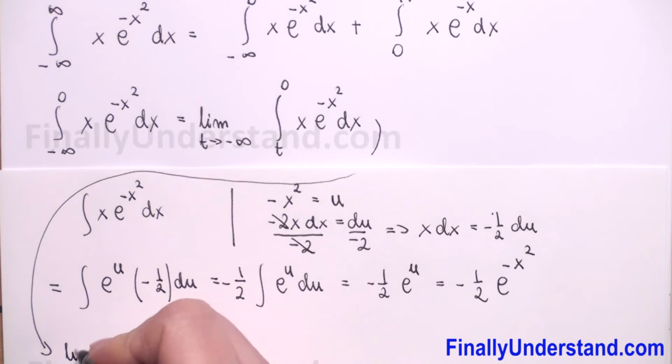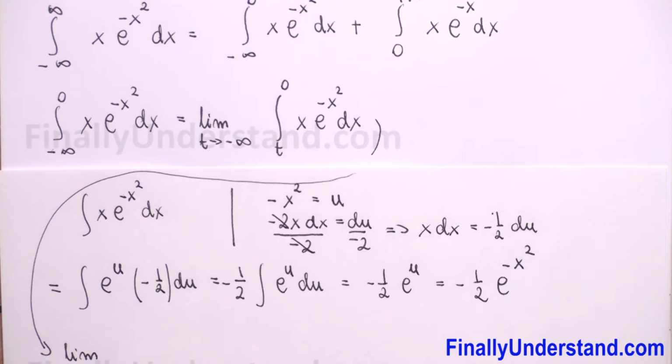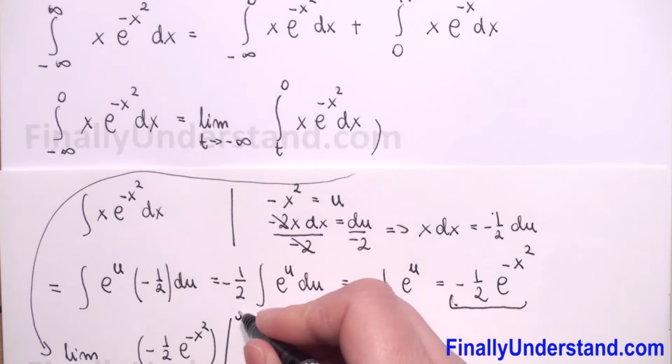We have limit t goes to negative infinity, and we have a definite integral here. So let me copy this solution. We have negative 1/2 e to power negative x squared, and we have to put the upper and lower limit. We have from t to 0.